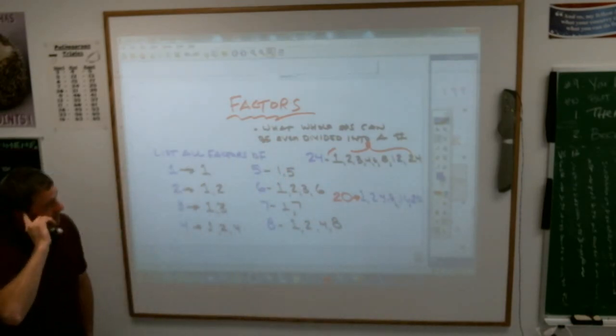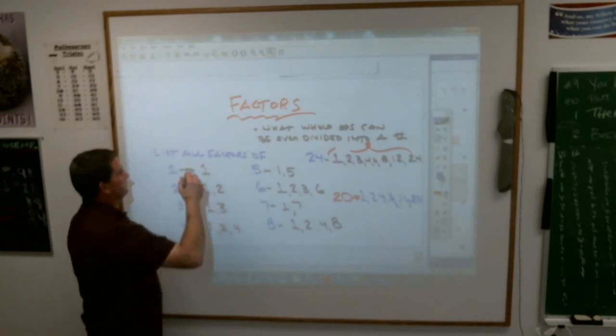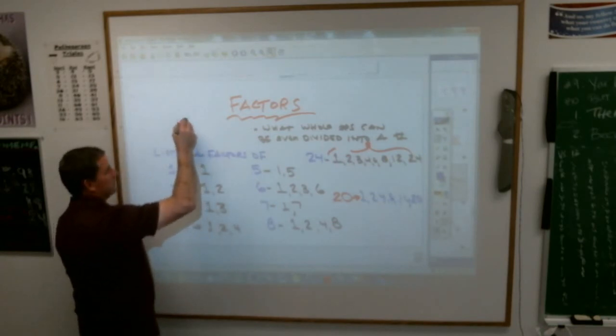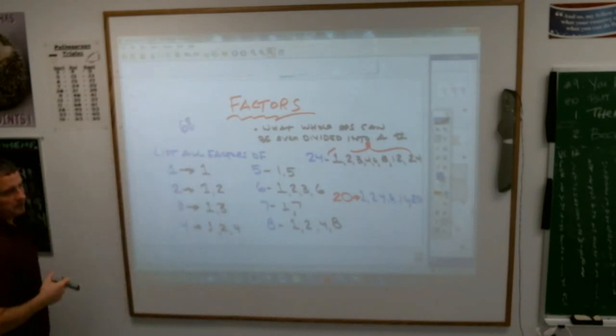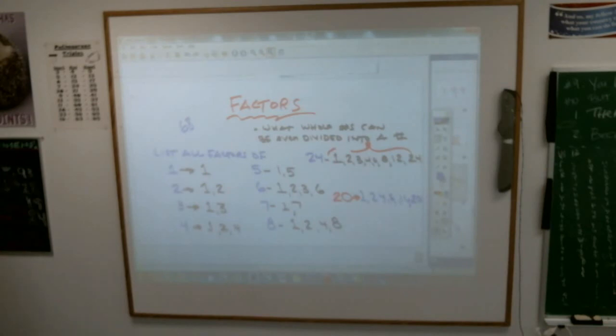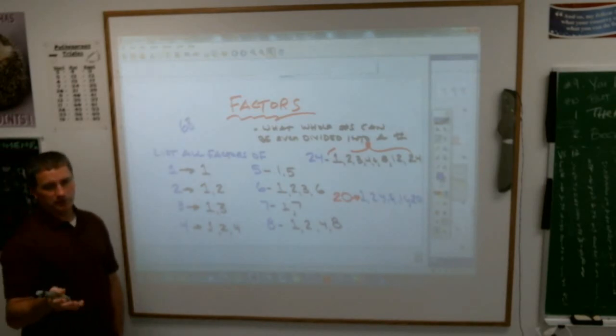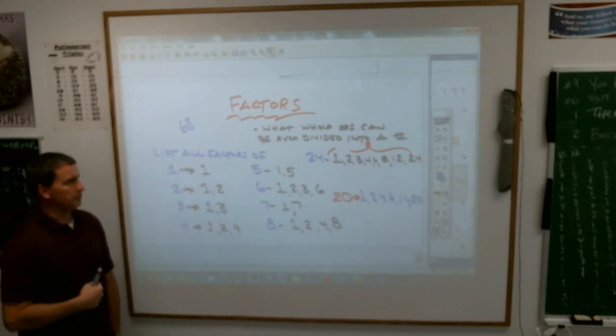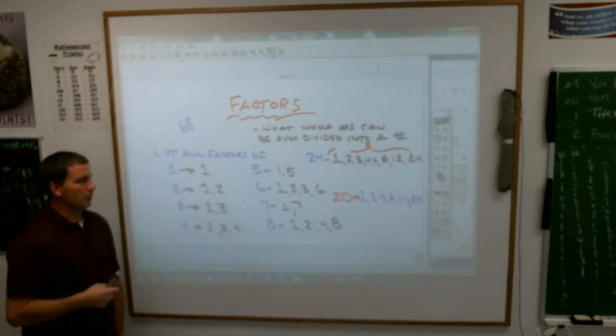How about this? What if I asked you this question? If you have 68, is 2 a factor of 68? Yes. How would you know that 2 is a factor of 68, Wade? Half of 68. Yeah, any even number can be divided in half, which is the same thing as multiplying by 2 times something. What about 5?